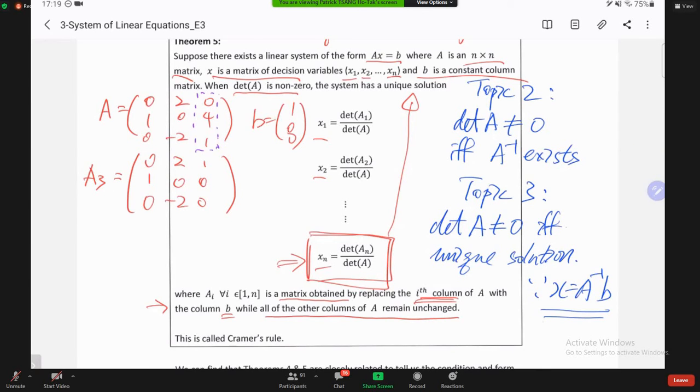So you can see why I can claim determinant A doesn't equal 0 if and only if there is a unique solution for the system. I hope you can find the connection between topic 2 and topic 3 by using the determinant of a particular matrix A. And of course, the value of the determinant doesn't equal 0.